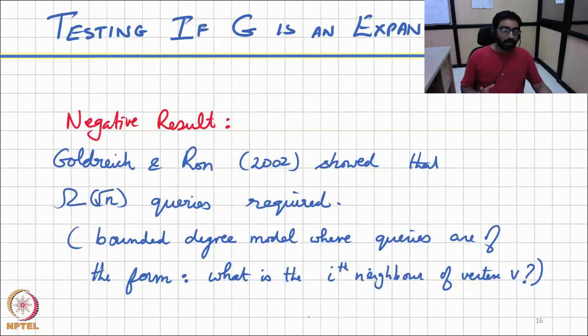So now let's actually come to the problem of testing whether a graph G is an expander or not. Just to make sure we understand what we're talking about, the input is a graph G and you're allowed query access to this graph. And this is in the bounded degree model, so the queries are of the form, what is the ith neighbor of a given vertex v?